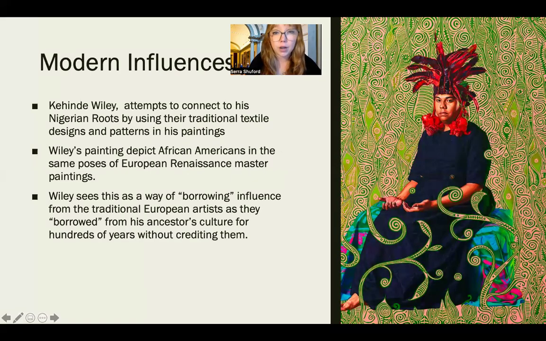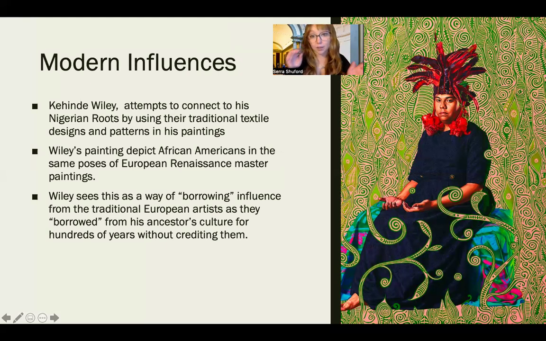And just some modern influences, because we didn't get to really separate things as much as I would have liked to. Kehinde Wiley is also a great artist to do research on if you want to look at his artwork for our final project or for another assignment in this class. Kehinde Wiley is an African American artist whose heritage is from Nigeria.